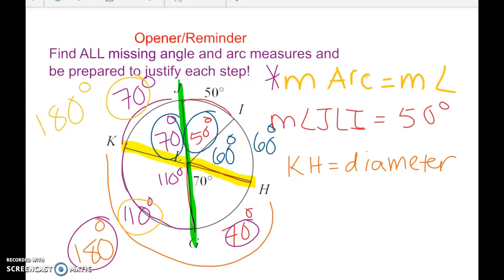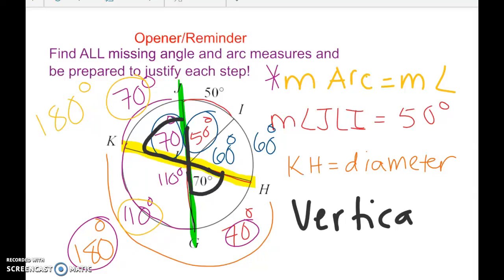But let's pay close attention to one thing, guys. Going way back, what kind of angles are these? What kind of angle is this 70 and this 70? Do we remember? Those are called vertical angles, and vertical angles are always congruent.